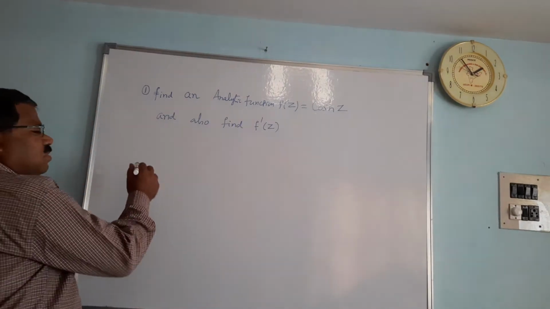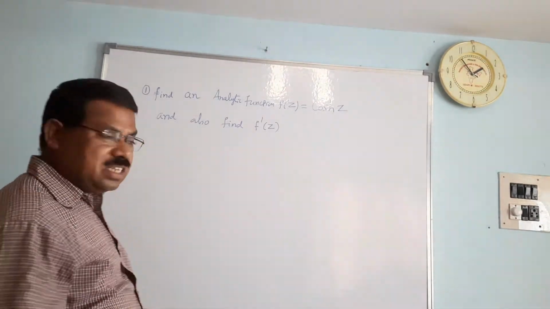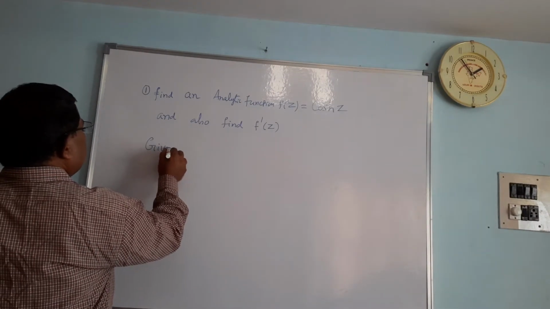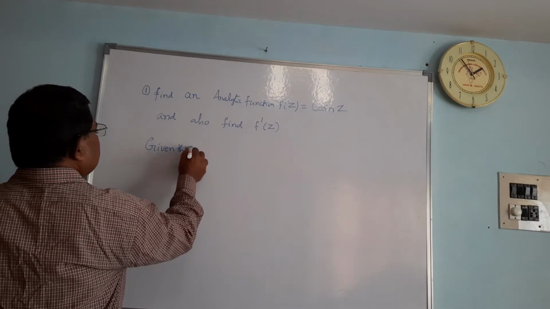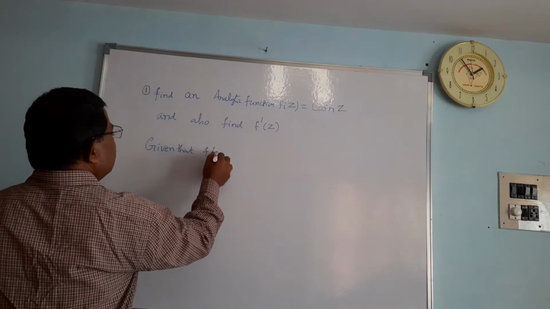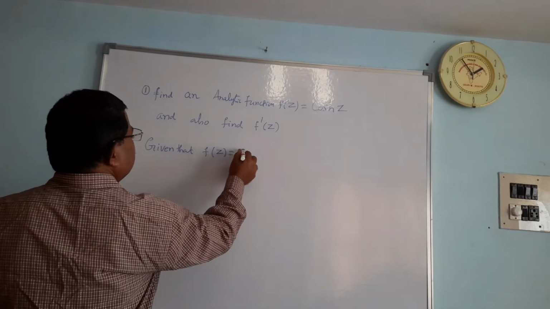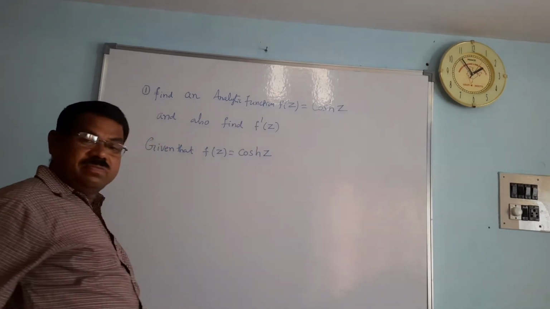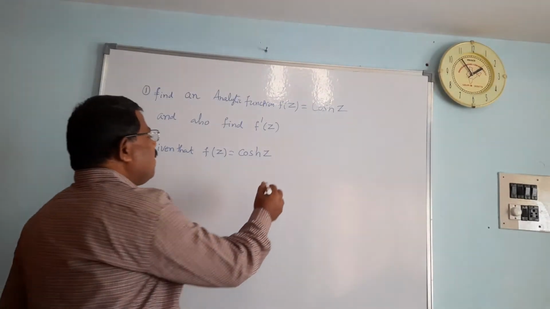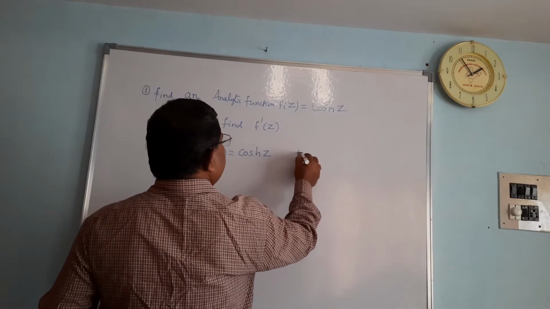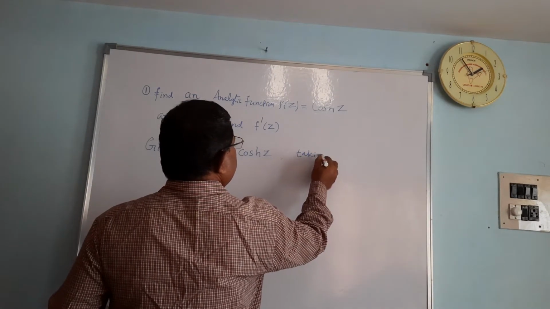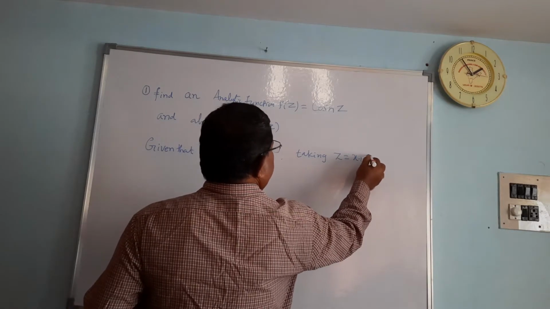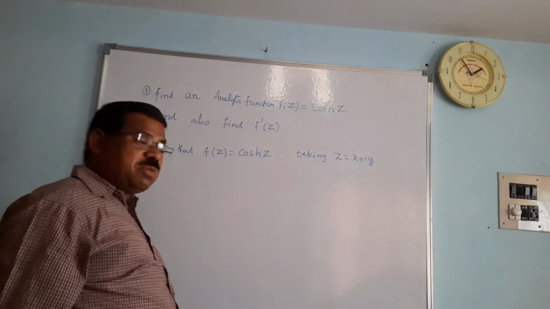Given that f of z equals cosh z, taking z equals x plus iy.